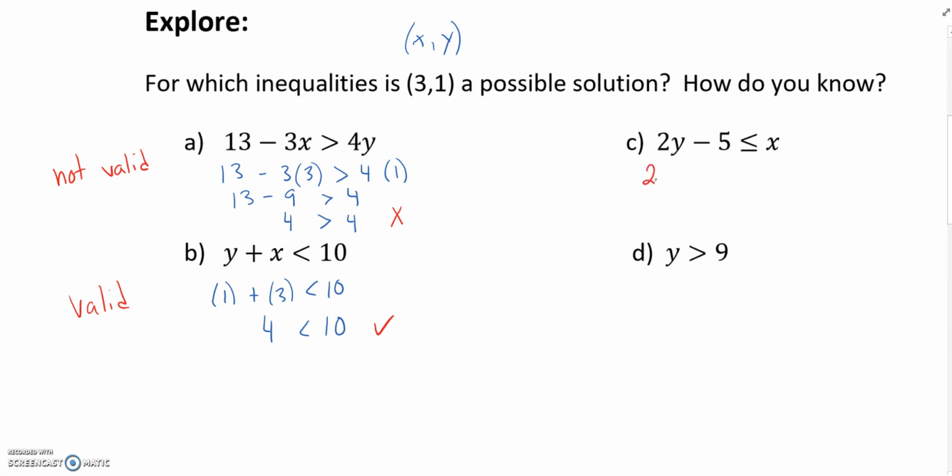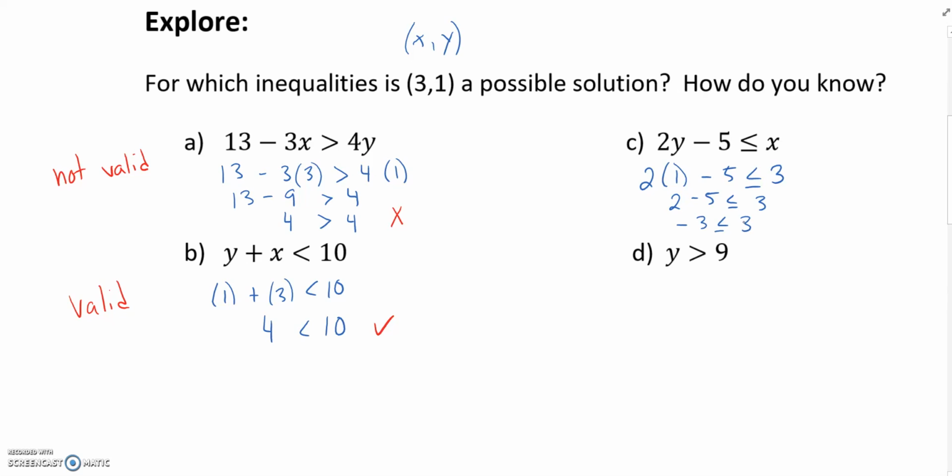We've got 2 times 1 minus 5. Is that less than or equal to 3? That would be 2 minus 5, or negative 3.